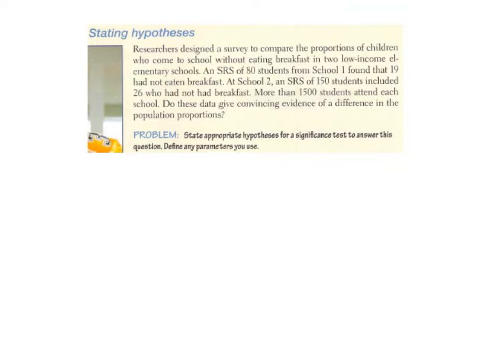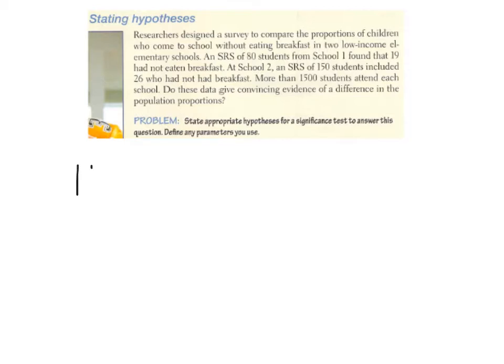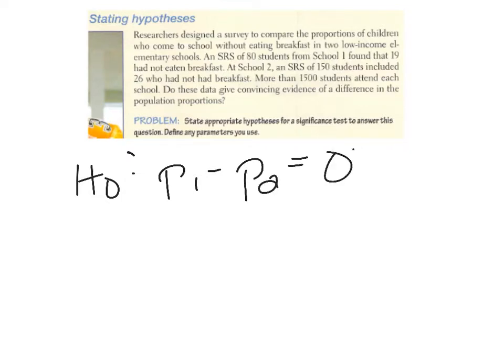So I need both a null and an alternative hypothesis, and I would define my parameters just like I would in the state portion of doing the significance test. So my null hypothesis here, I have 2 options. My null hypothesis can either be written as P1 minus P2 equals 0.